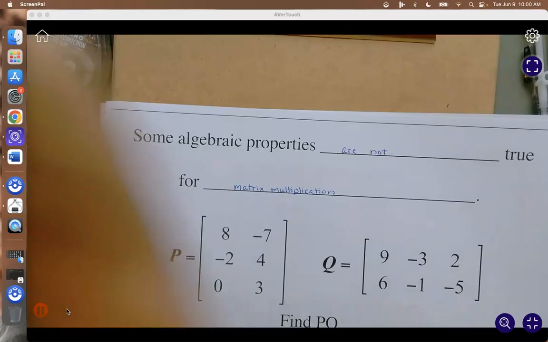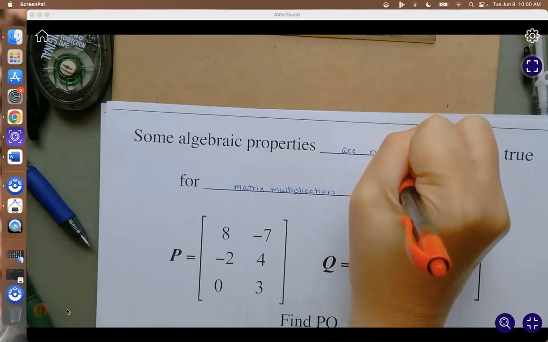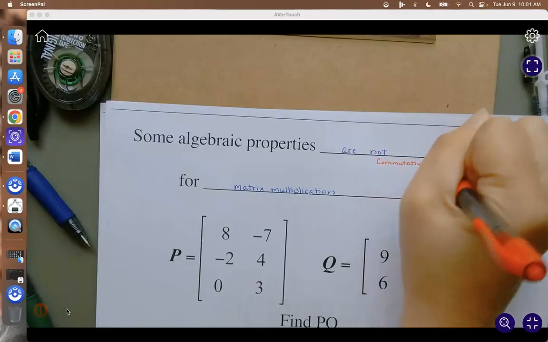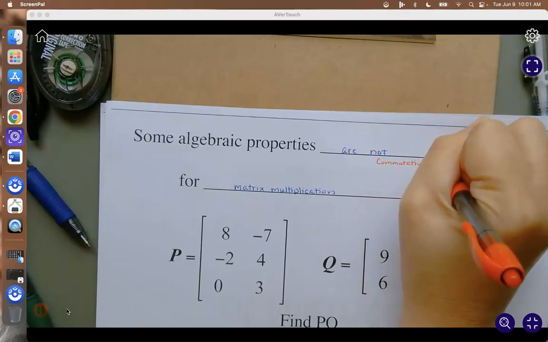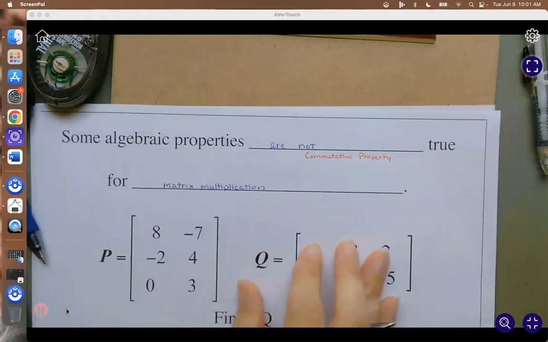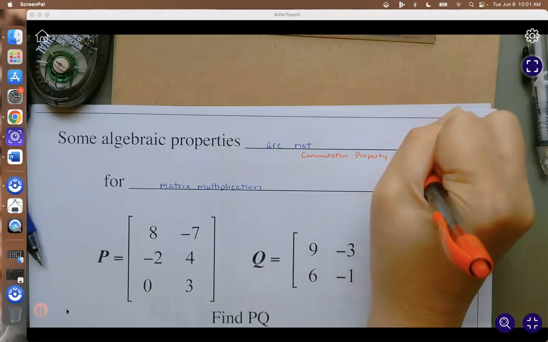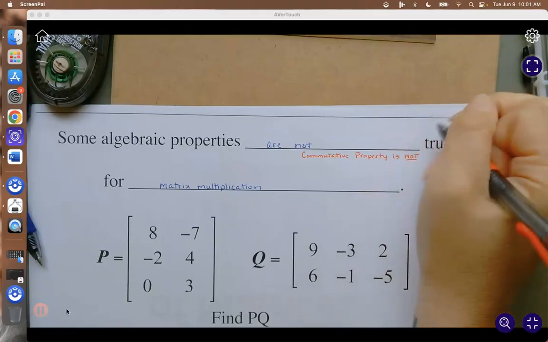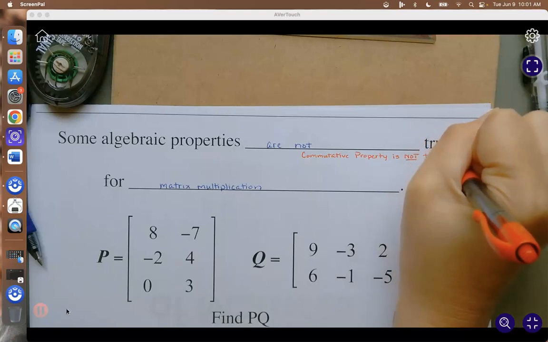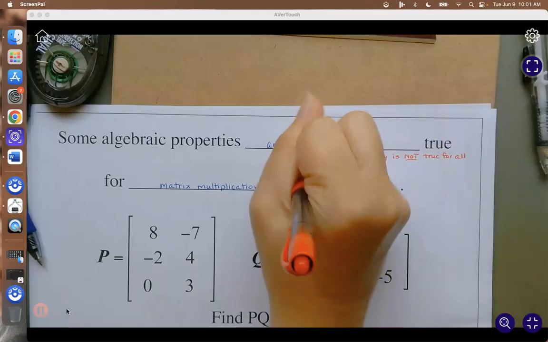Okay, so what we can write down here is that commutative property is not true for all matrix multiplication.